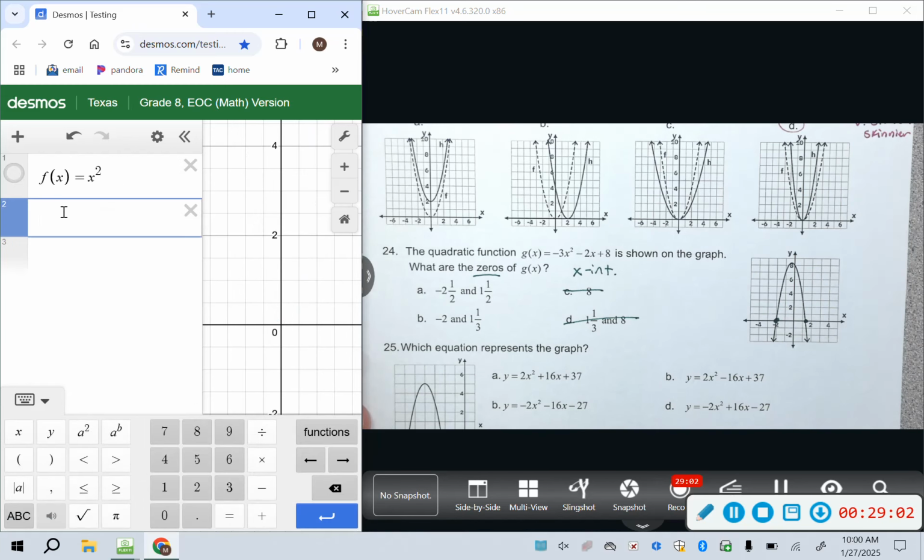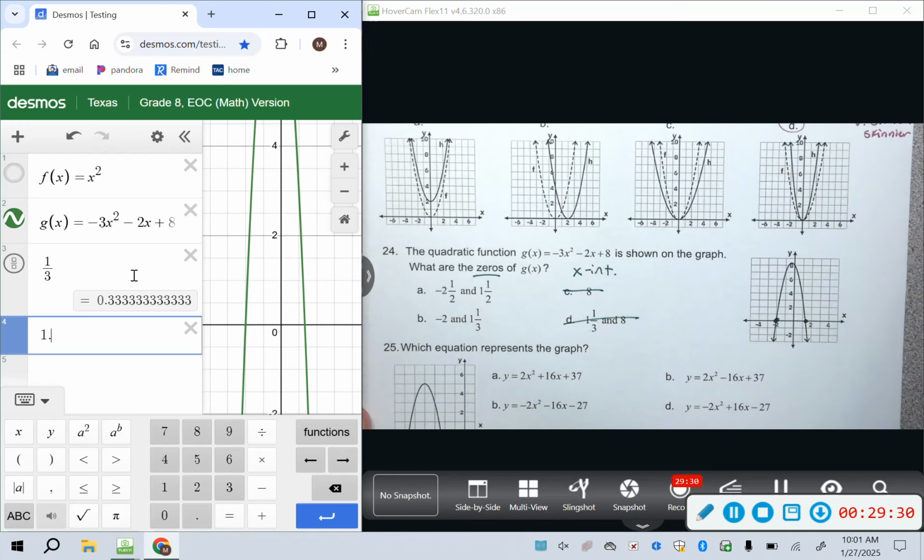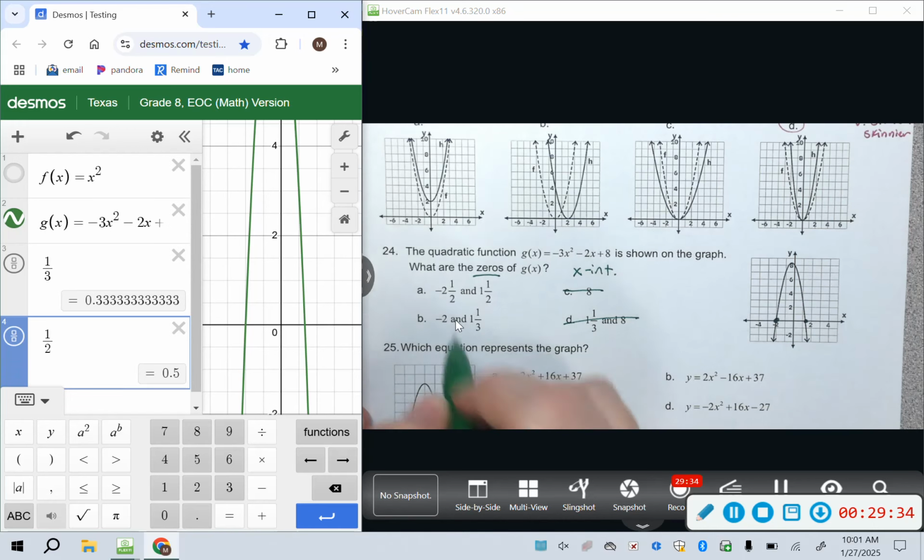I'm going to turn that off. g of x equals -3x squared minus 2x plus 8. And here it's 1.3 repeating. I want you to realize that 1/3 is this, while 1/2 is this, so it's obviously B.